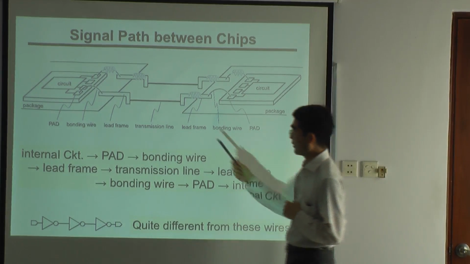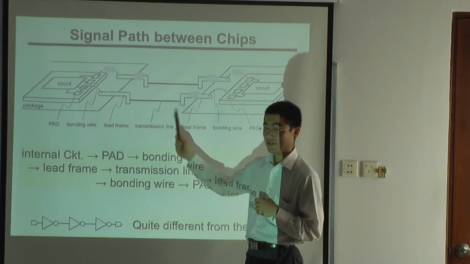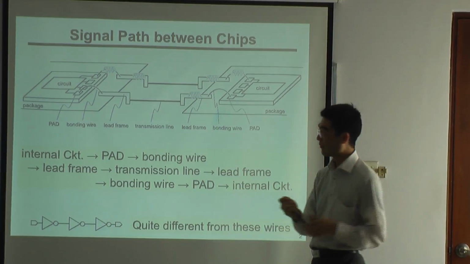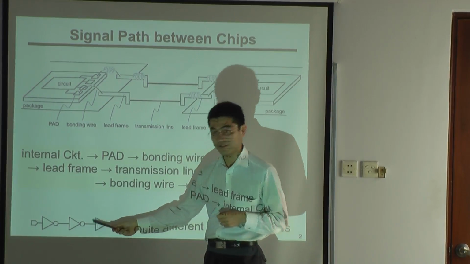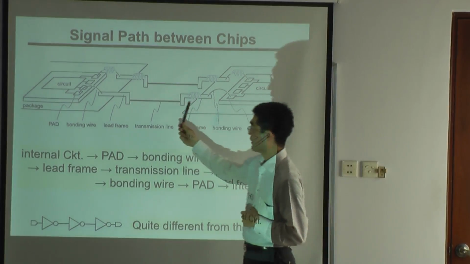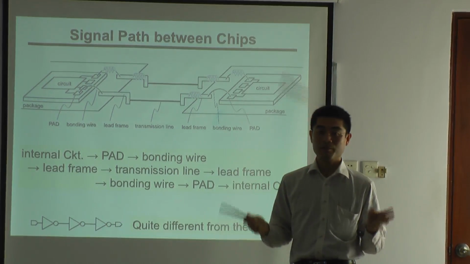So this signal, this line is on the schematic. We just put lines, but this line and these lines are quite different, because this line is about the centimeter world, or sometimes tens of centimeters, or meters.